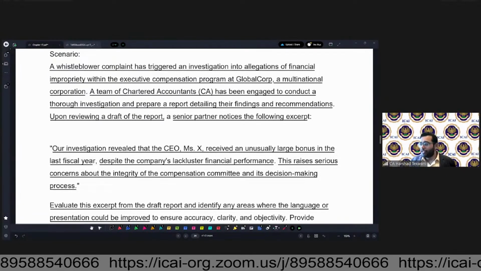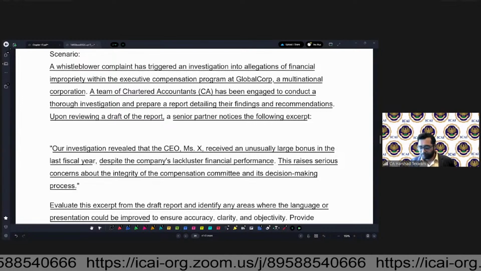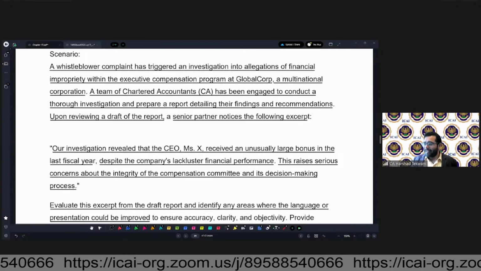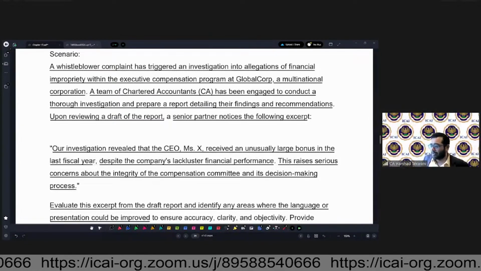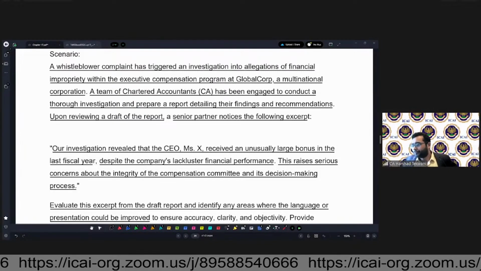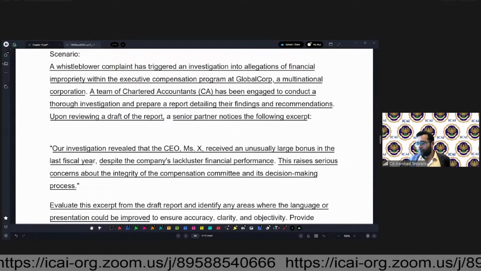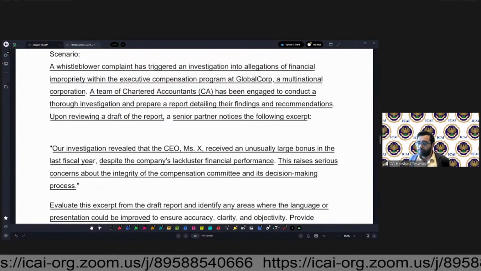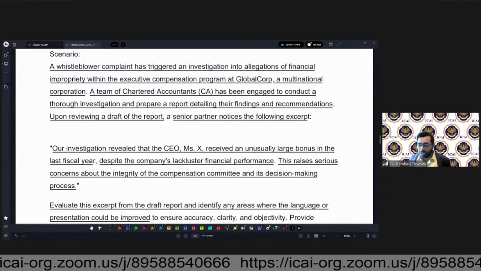So, what are the problems in this particular paragraph over here? Can anyone tell me the problems in this particular paragraph? This is the paragraph.